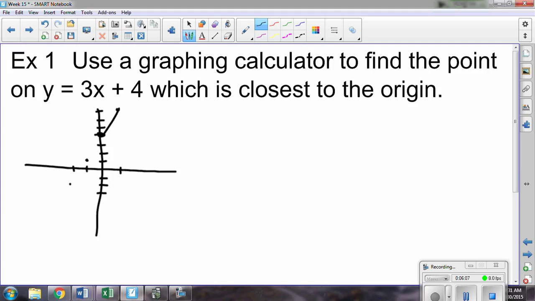Okay, we could create this line, and of all the possible points on this line, which one is closest to the origin?